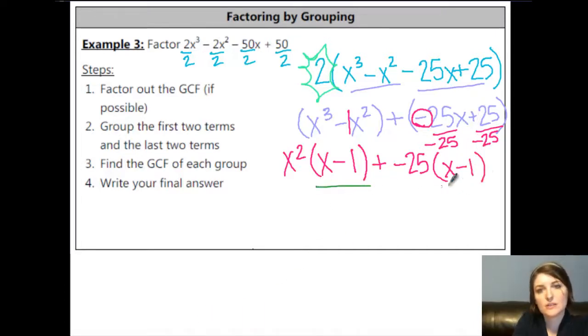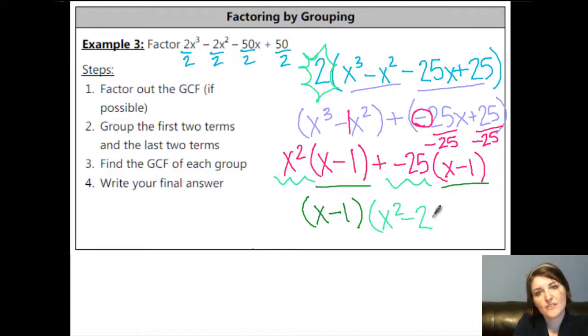So we're back to sames and our leftovers. My sames are x minus 1. My leftovers are x squared minus 25. And I am not going to forget that I had a 2 for my GCF. I'm going to bring that all the way down into my answer.